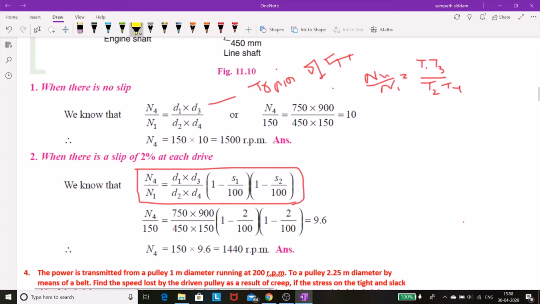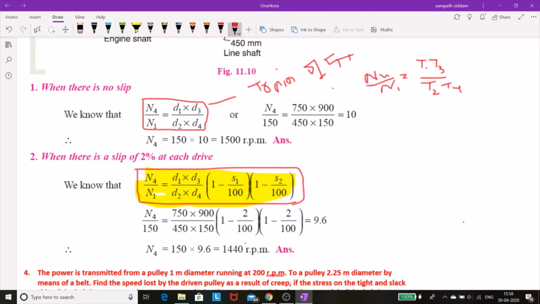In case of slip you need to remember this relation. This is without slip. Here N4 by N1 is equal to the same relation, but multiplied by (1 minus s1 by 100) into (1 minus s2 by 100). So what is the slip given over here? It is 2%.